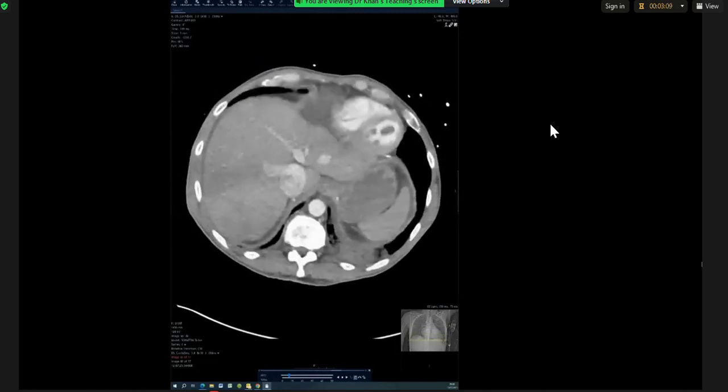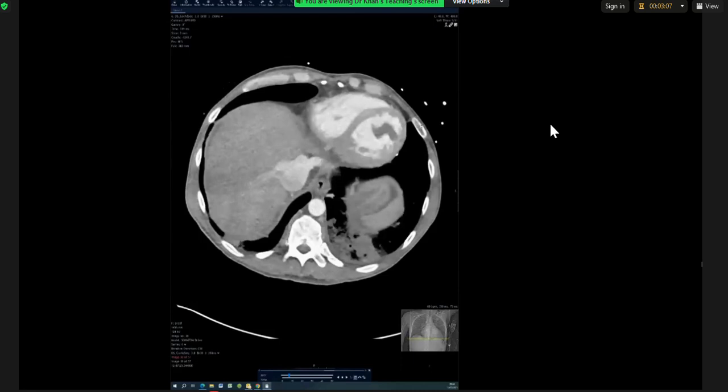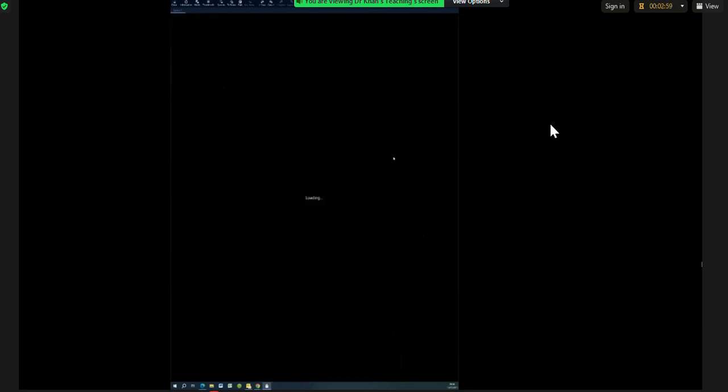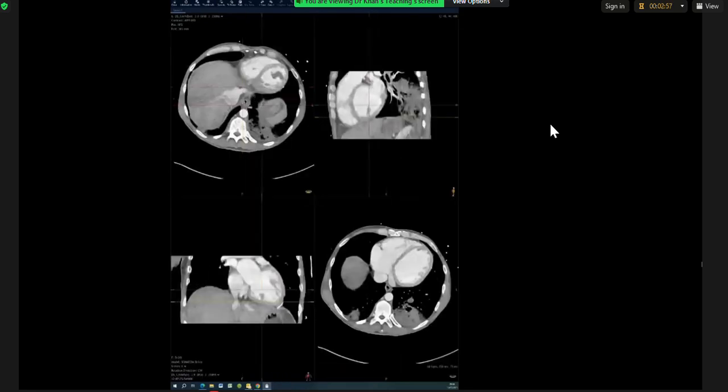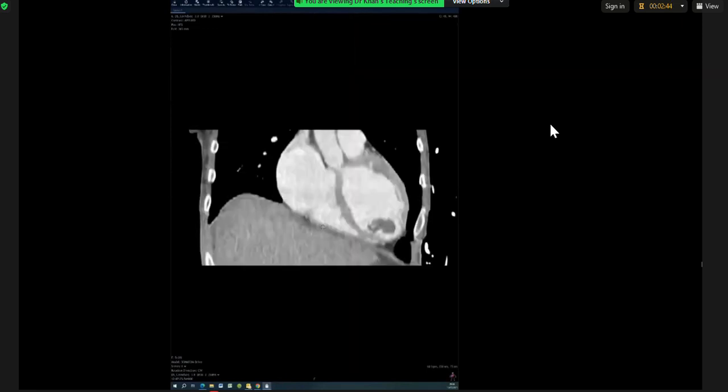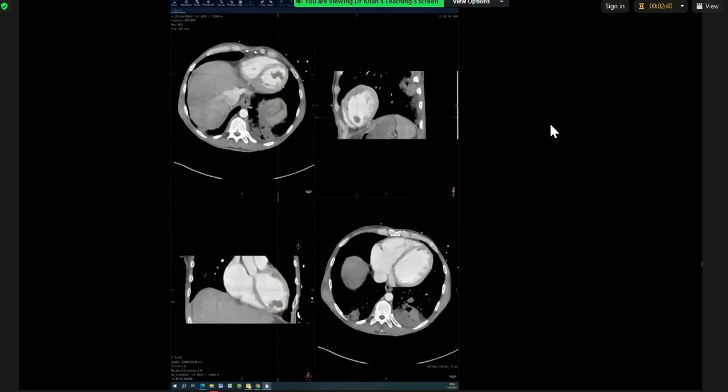I think there is also a filling defect in the left ventricle, which I suspect is most likely a thrombus, just because this will be the most common etiology. I would like to interrogate it and assess for any attachment to the adjacent muscles, which I cannot appreciate. So this is likely a thrombus in the left ventricle as well.